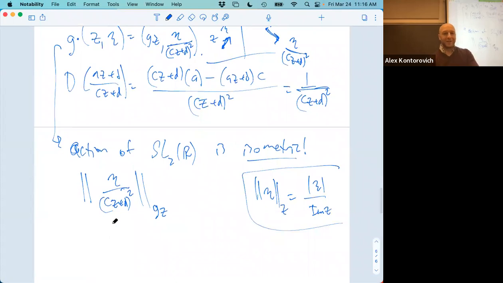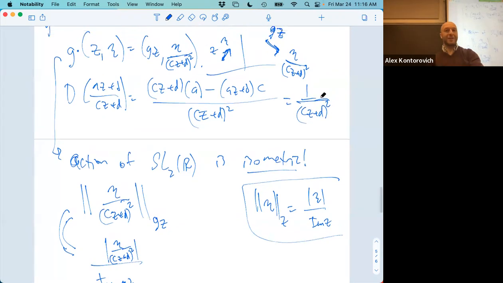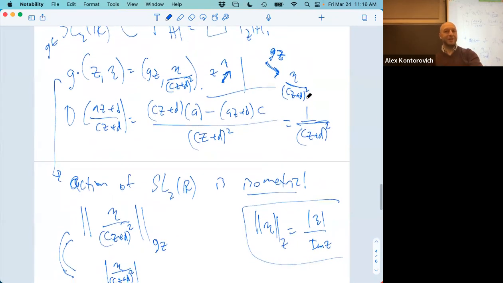Okay. So, what is this? Again, the way I'm going to measure lengths at gz is to divide by the imaginary part of gz and just take the length as a complex number. So this is eta over (cz plus d) squared. Let me remark again, this is not an absolute value. This is a complex number. cz plus d is a complex number.